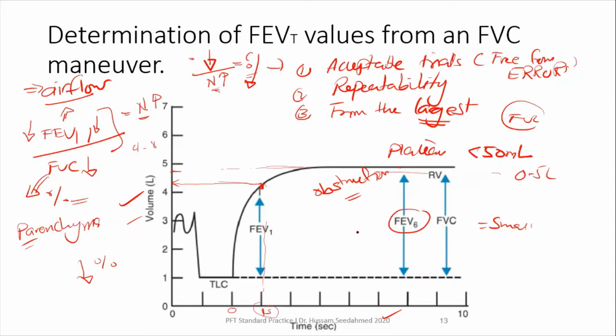Sometimes the FEV6 is used as a surrogate for the FVC in patients with airway obstruction. So this is as far as the calculation of the FEV1, the FVC and the ratio, and their relation to obstructive and restrictive lung disease.